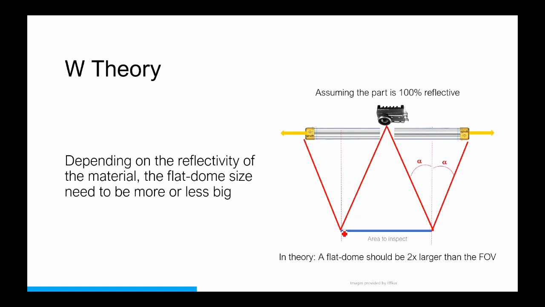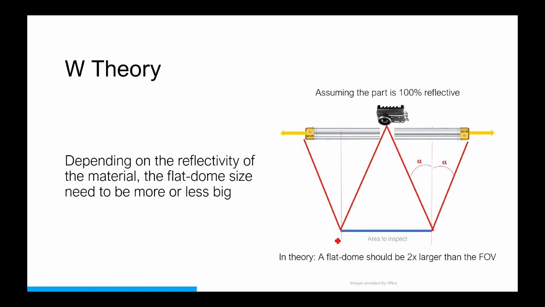To get an even image across the area that we need to inspect, we need to make sure that we have light shining down at the same angle it will reflect into the camera. In order to have light bounce off the edge of the piece and into the camera, it has to shine from that same angle from the light. So the light needs to be roughly 2 times larger than the area itself.